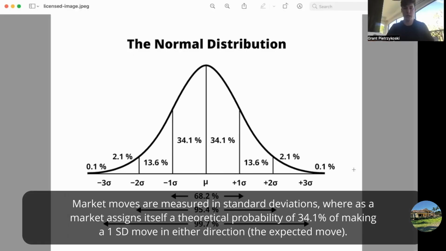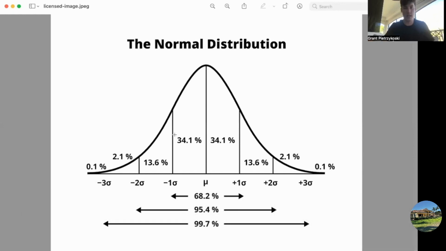So the way the market determines the implied move of the stock or ETF is based on its implied volatility. So the market always prices in a 34% chance of the stock going to the implied move on the upside and a 34% chance of making the implied move to the downside.